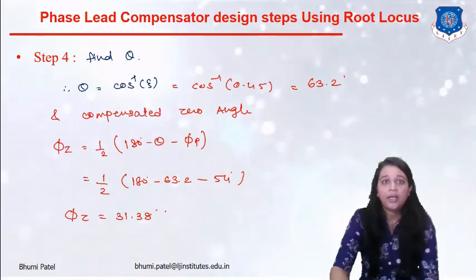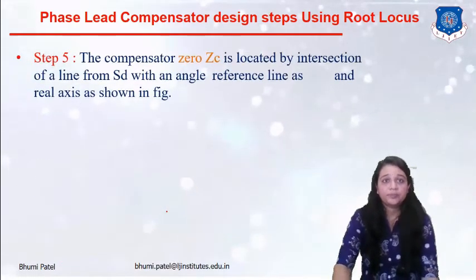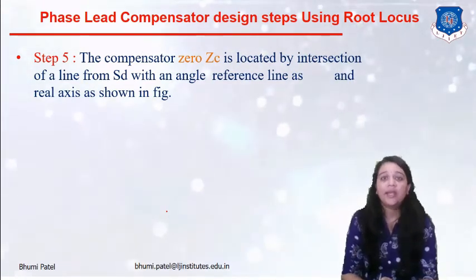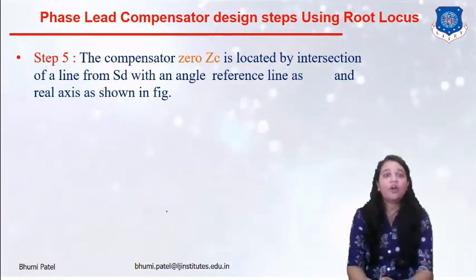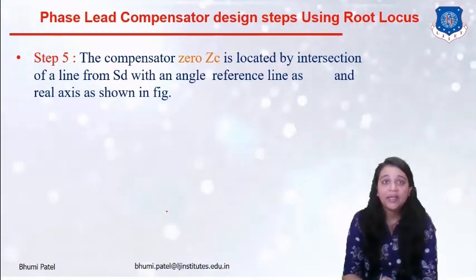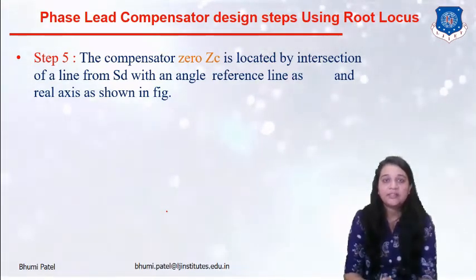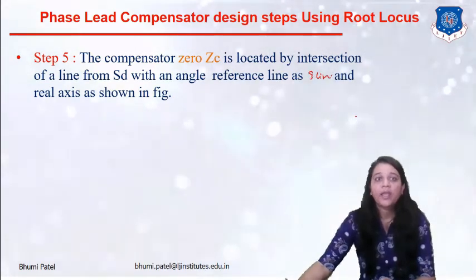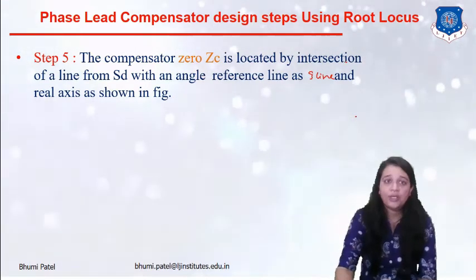Now the next step is the compensator zero z_c is located by the intersection of the line from s_d with the angle reference line as the zeta line and the real axis, as shown in the figure.